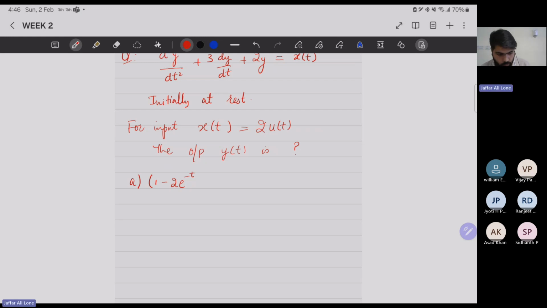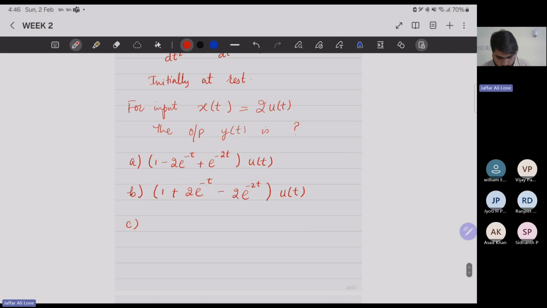Option A is 1 minus 2e^(-t) plus e^(-2t), times u(t). Option B is 1 minus 2e^(2t), times u(t).